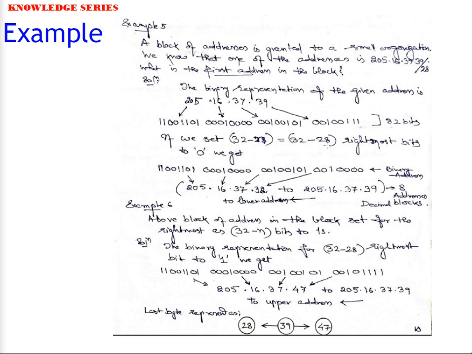So that is a 4-bit. Those 4 bits you turn to 0 here, and by doing that you get the first address. And if you turn them to 1, you get the last address.